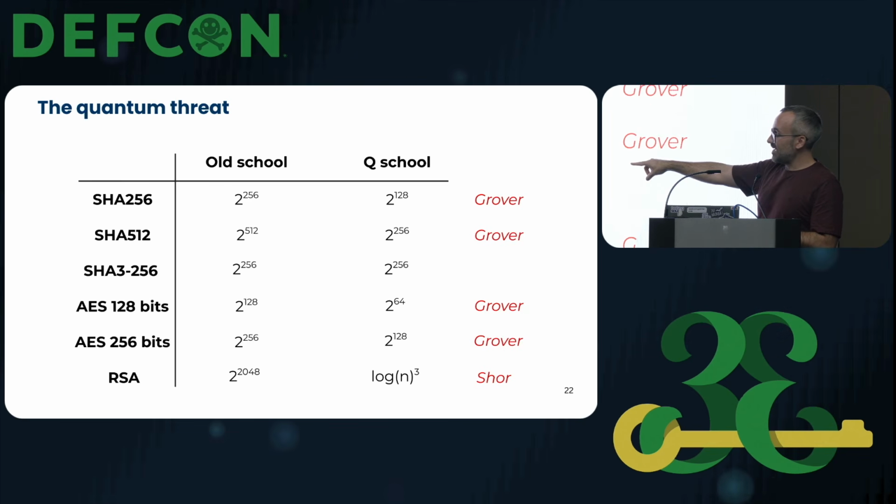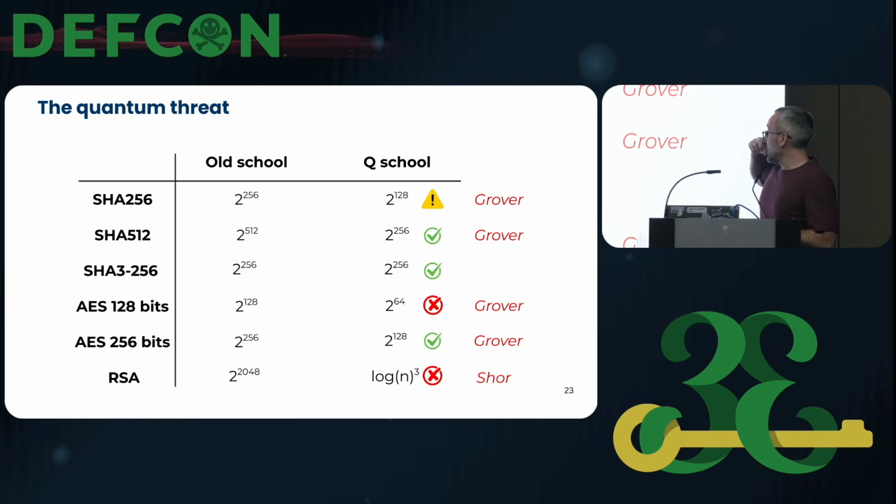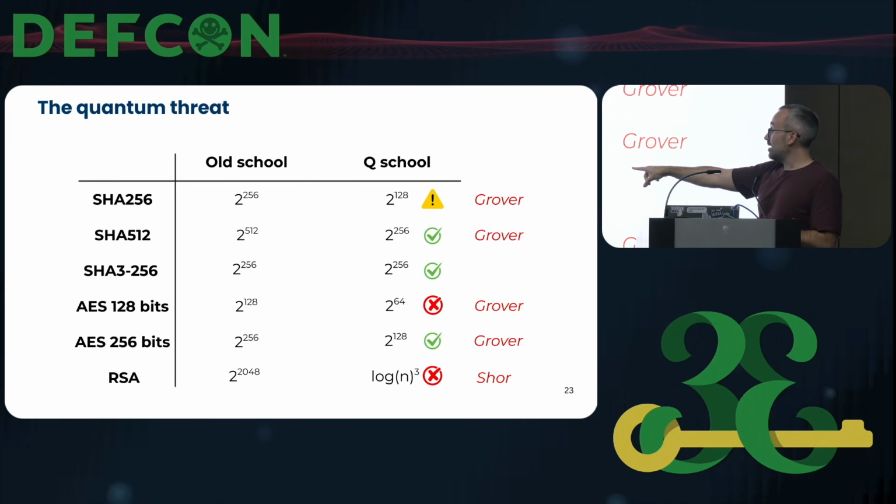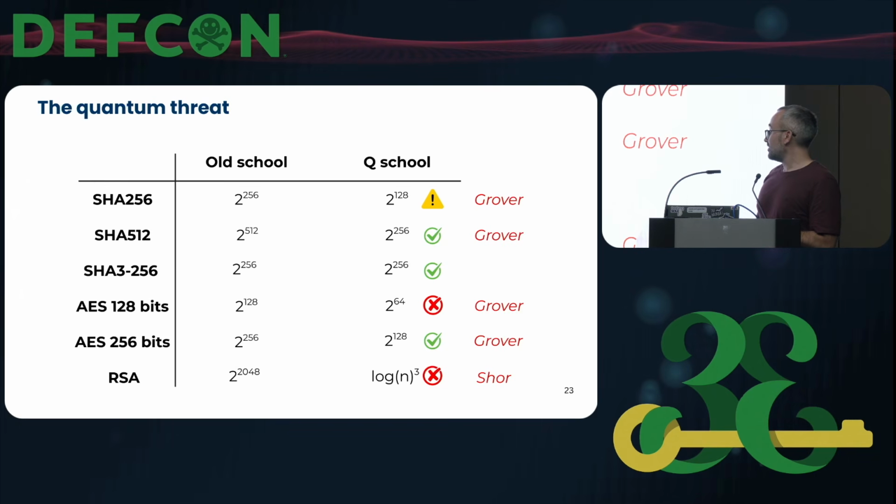Regarding SHAs and AES, all of them can be broken using Grover's algorithm, except SHA3, where you can see the reduction when we use quantum computing is known. So we'll still have keys or hashes with a length of 256. The result of this is SHA256 will be broken, AES 128 will also be broken, RSA will be broken.